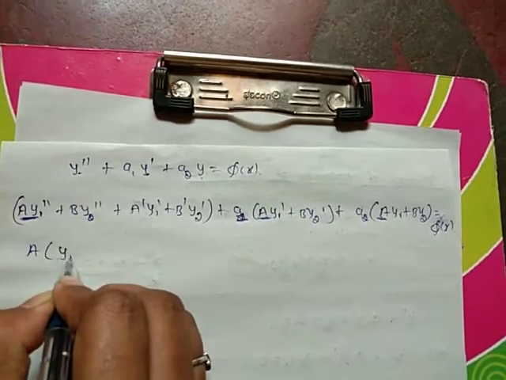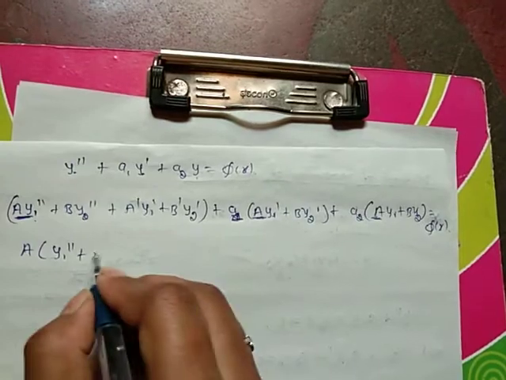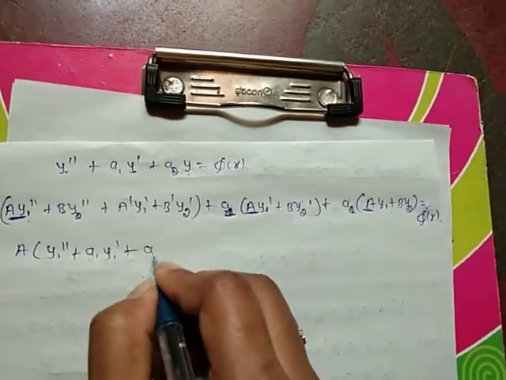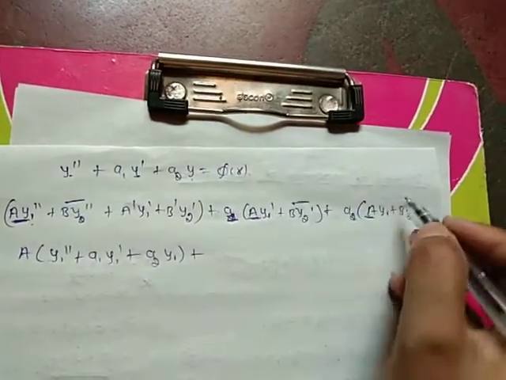a into y1 double dash plus a1 into y1 dash plus a2 into y1, plus take the b common in this equation.